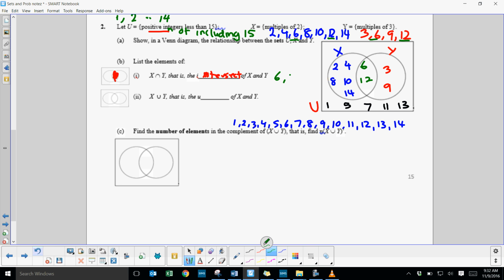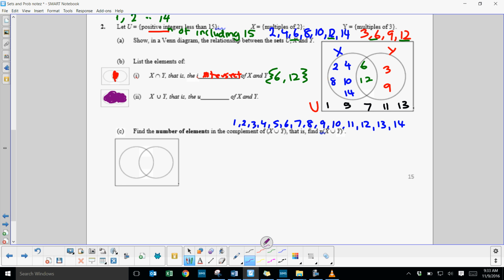If you want to practice doing your curly brackets too, you can throughout this warm-up. X union Y, that stands for the union. By the union, we mean all of the circles coloured in. I've got these Venn diagrams here just to help you visually work out what the union would be. The union is all the numbers that are inside the circles, not the ones that are outside the circles. So not the numbers 1, 5, 7, 11, 13.